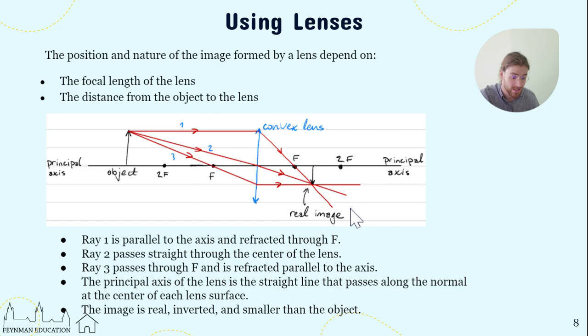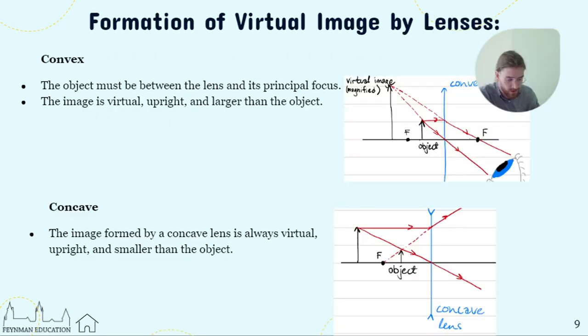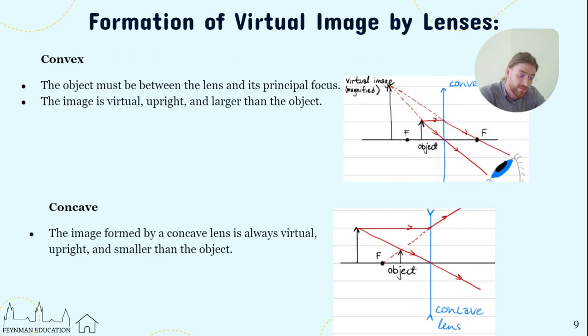The lines are crossing, and we are going to see the real image, but further than that, it's going to be inverted. So just remember, when it comes to formation of virtual images by these lenses, convex gives a virtual, upright image larger than the object. Think of a magnifying glass. And when it's concave, it's going to be virtual, upright, and smaller than the object. Hence why short-sighted people use concave lenses.